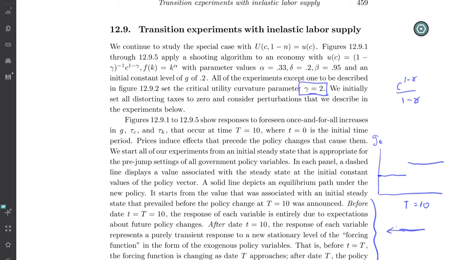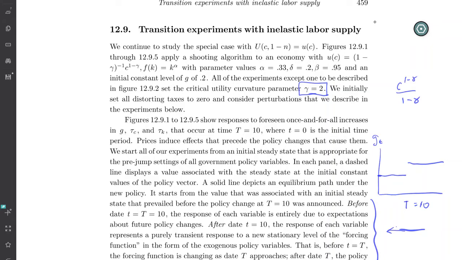because after date 10 they have effects because you've been knocked off a steady state, and it's going to take a while to converge back to a steady state. So there's anticipation of effects that happen before, and there's transient responses back to a steady state that happen after.